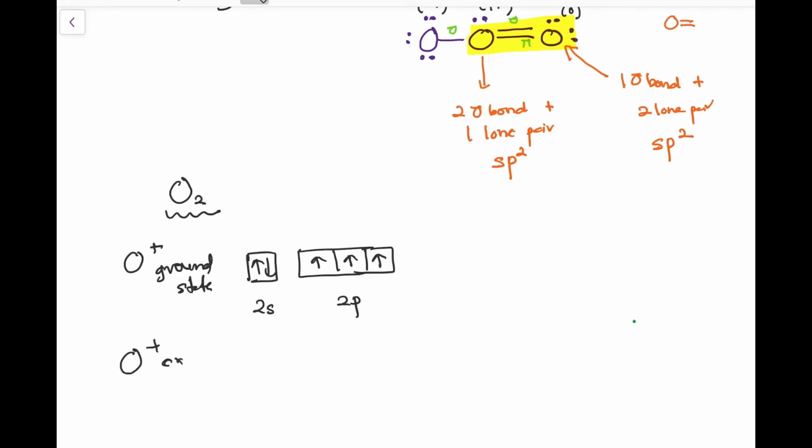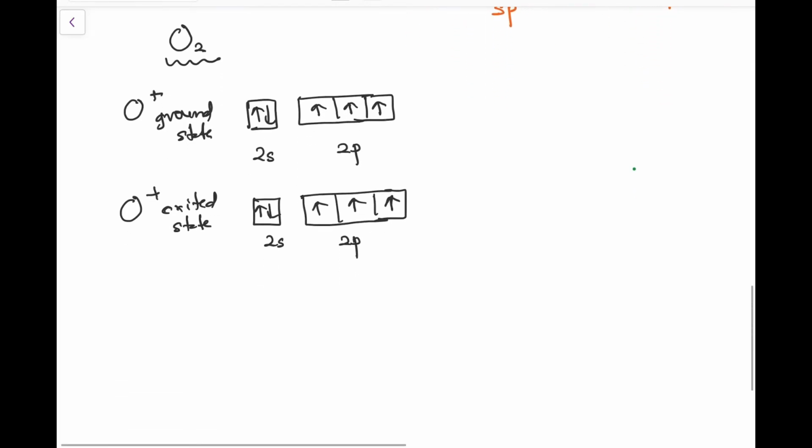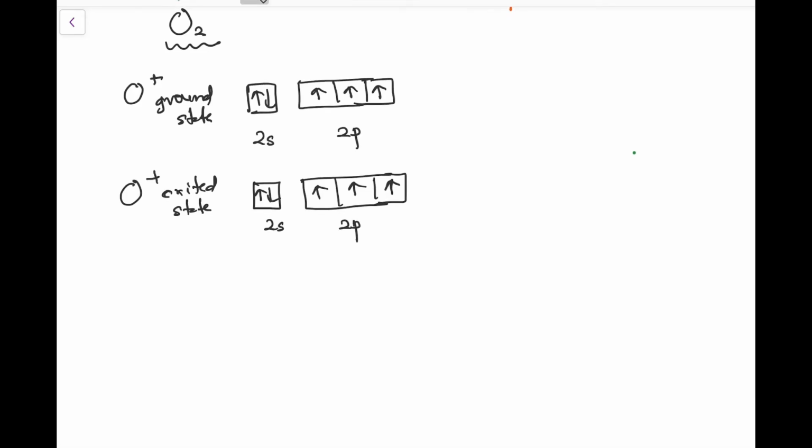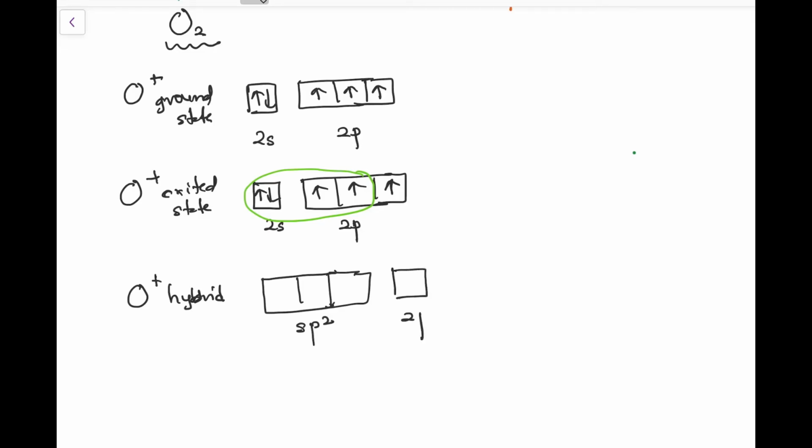So O plus excited state and O hybrid. We need sp2, so we blend this. And we have another 2p orbital.